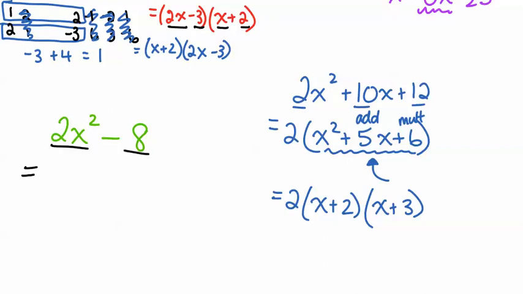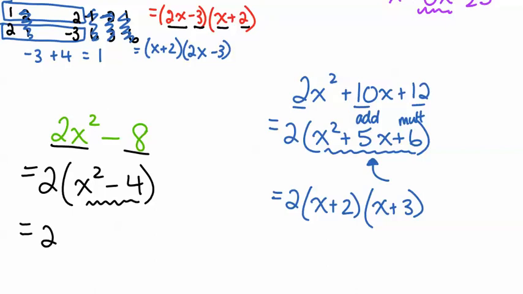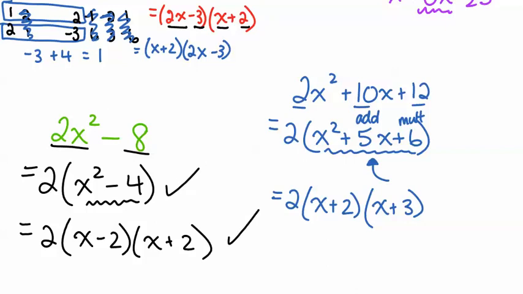So you look at each term and you're like, they're both divisible by 2. So I factor out a 2, and then I get that. And then I'm like, oh hey, what's in the brackets is actually a difference of squares. So I need to factor that into 2 brackets, x minus 2, x plus 2. Boom! Common factored, difference of squares factored.